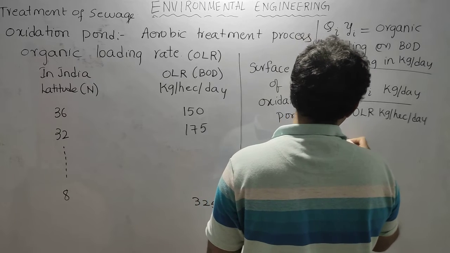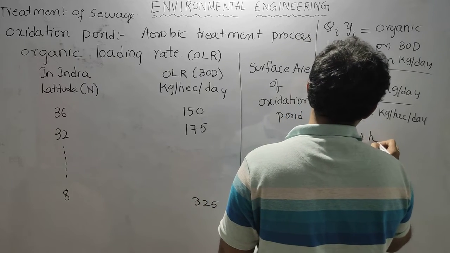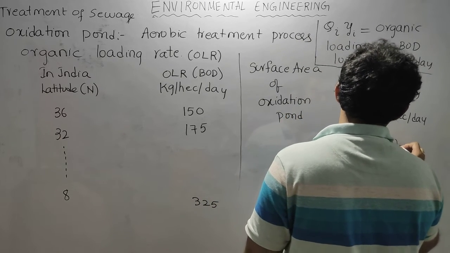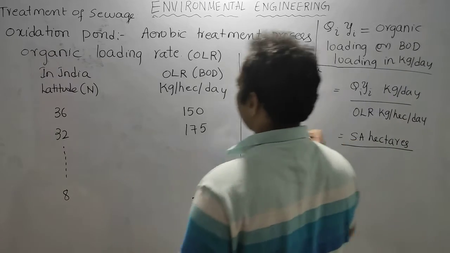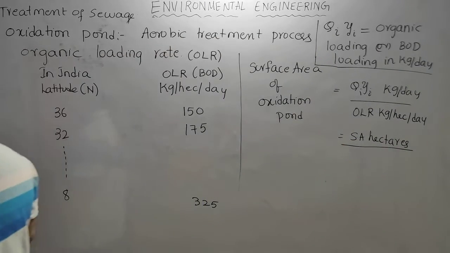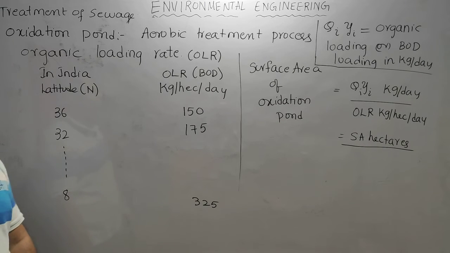This is nothing but the design, because depth-wise we have already restricted the depth to 0.5 meter. So the design of an oxidation pond is nothing but fixing the surface area.